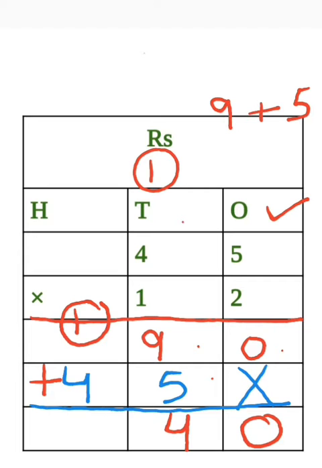Now in the hundreds column, children, there is 4 and 1. So 4 plus 1 is 5. Now we have got the final answer, children, as 540. Or we can also say that 540 is the cost of 12 books. So the cost of 12 books is 540 rupees.